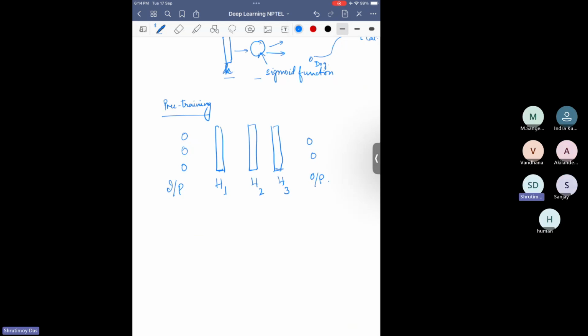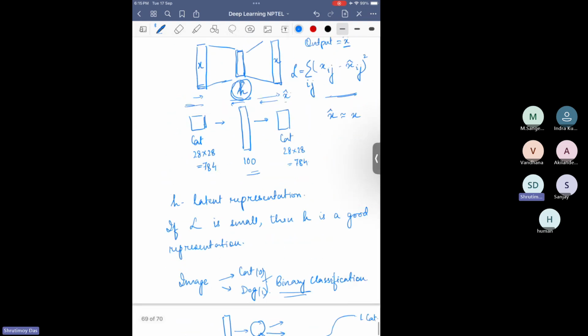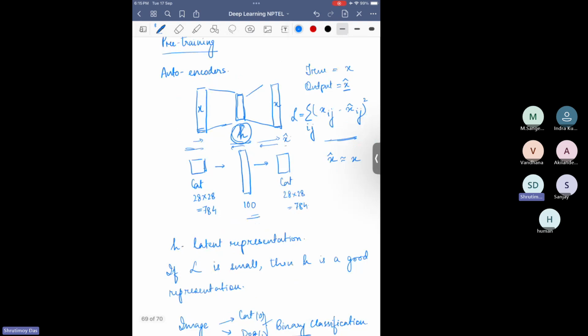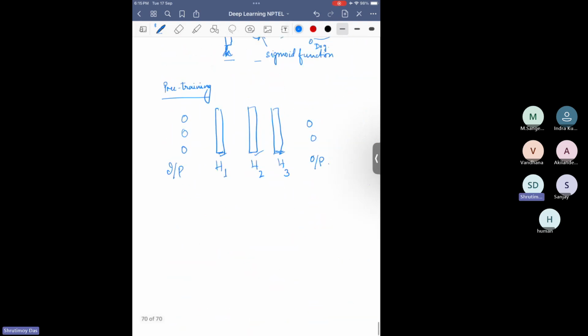So we want to learn the best representation of H1, of H2, of H3. For this purpose, they took this autoencoder idea and placed an autoencoder in each of these layers. So for learning H1, we have some autoencoder. For learning H2, we have another autoencoder. For learning H3, we have another autoencoder.